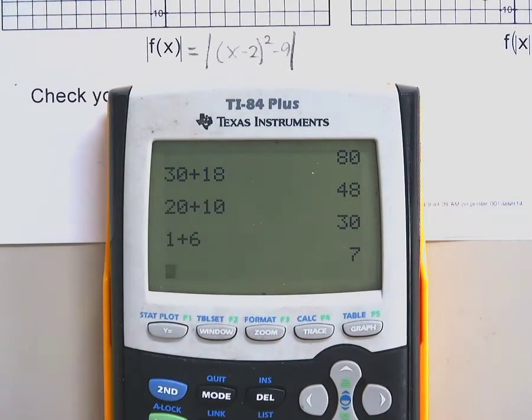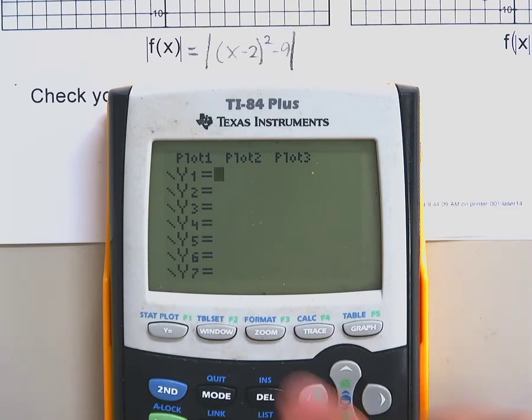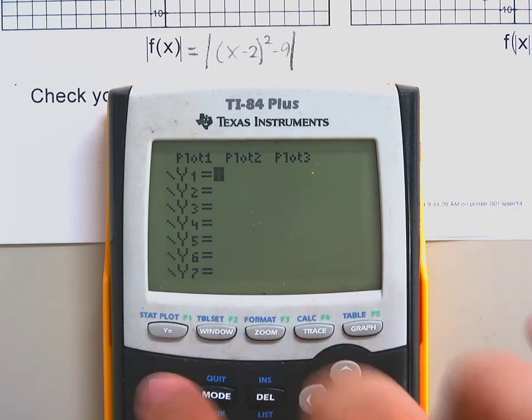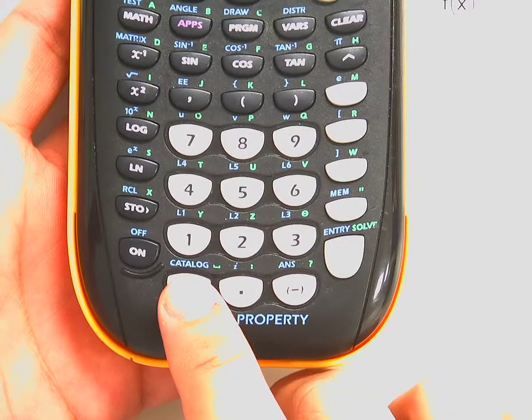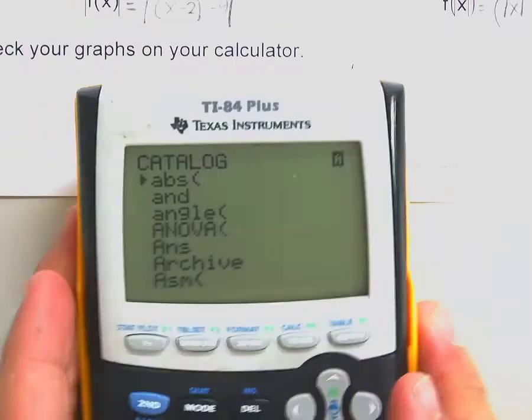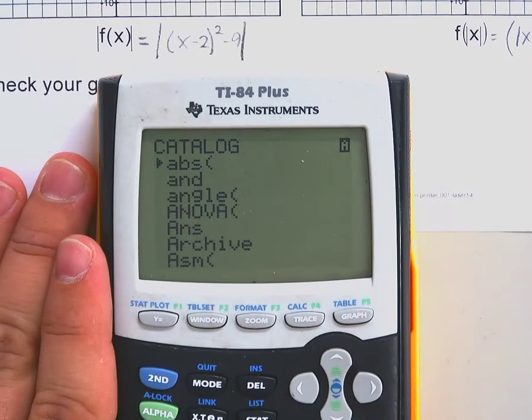So I'm going to go to y equals, clear out any junk I have in there from previous ones. The quickest way to get to the absolute value is pressing the second button and 0. The number 0, in blue letters above 0, it says catalog. And the first option it pops to is ABS, that's absolute value.